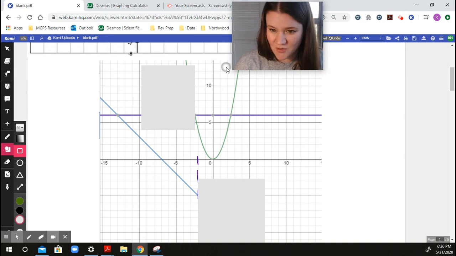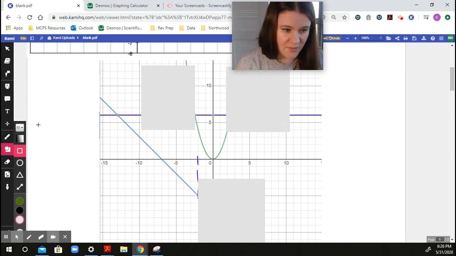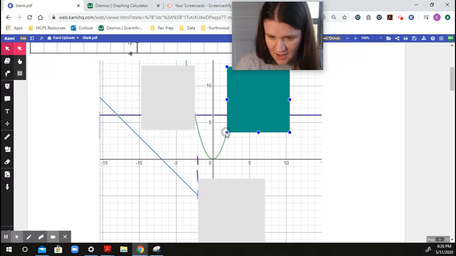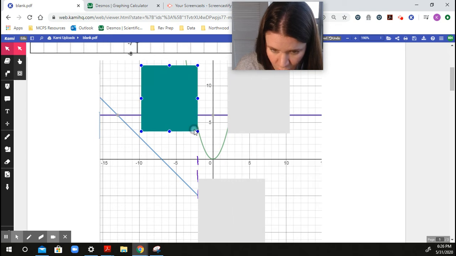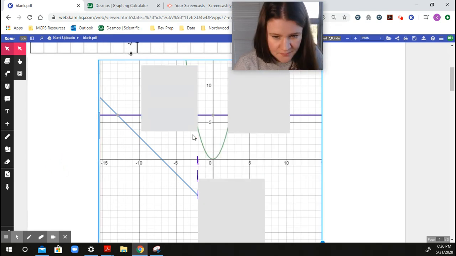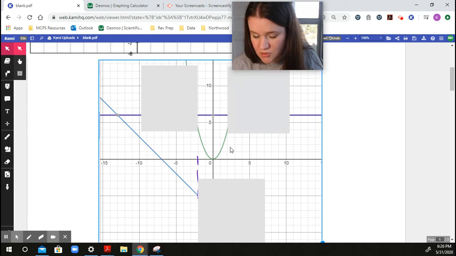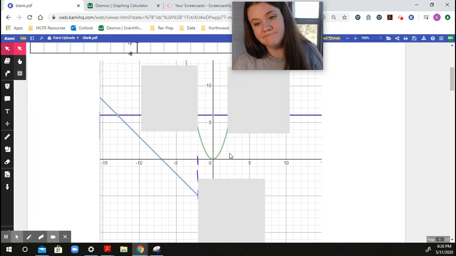So these other parts of the graph don't matter, and I'll move that over because that's incorrect. I want to go to 2, right? So that's why it goes from -2 to 2, right?